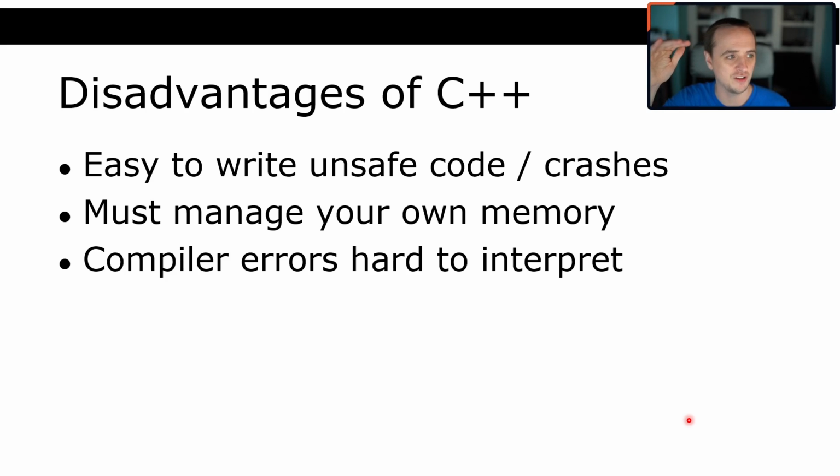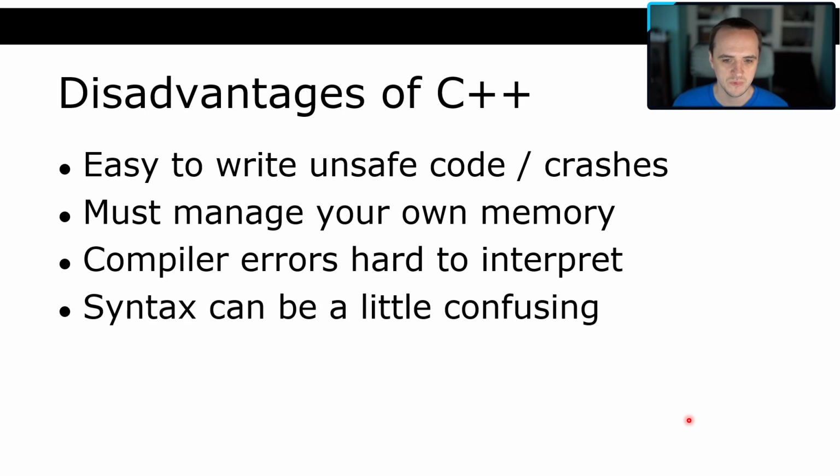Because the first error is usually the cause of all the other errors and creates really complex error messages. So go to the first error, see what that says, try and solve that, and then go to the next one. The syntax can be a little bit confusing in C++, but in this course, like I said, we're not getting into a ton of the syntax-heavy stuff, so it shouldn't be too bad.